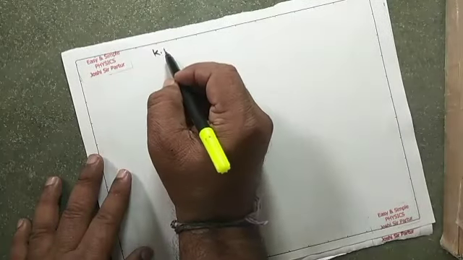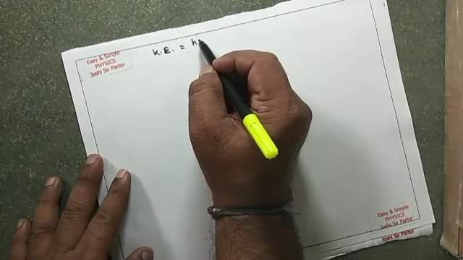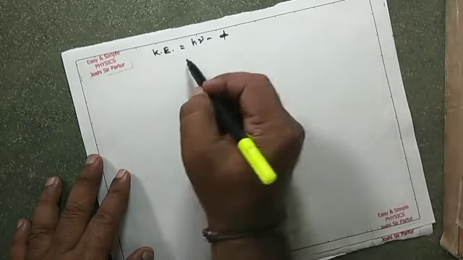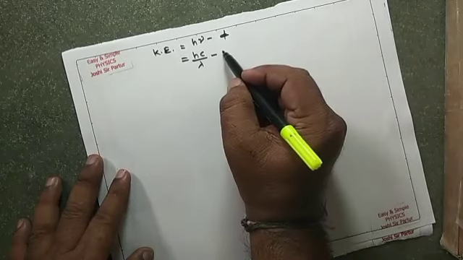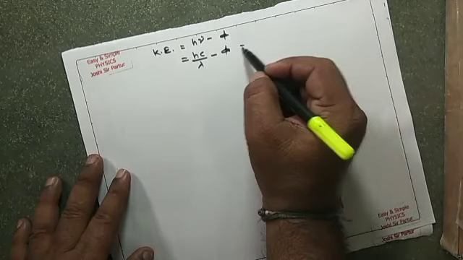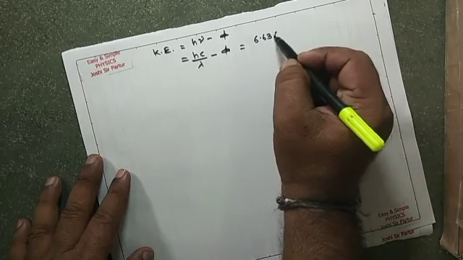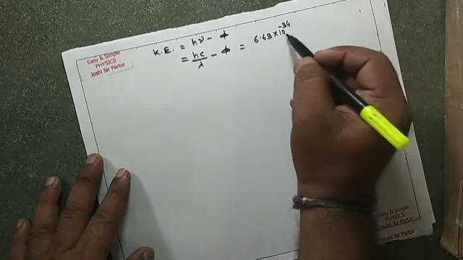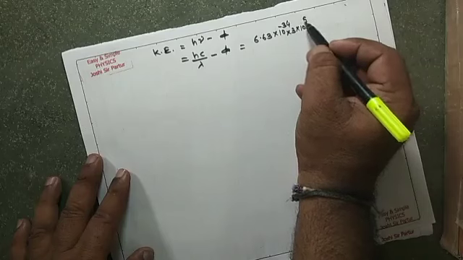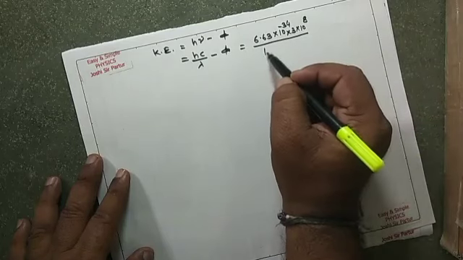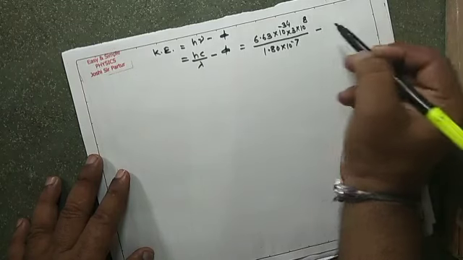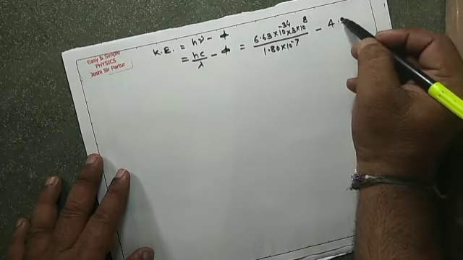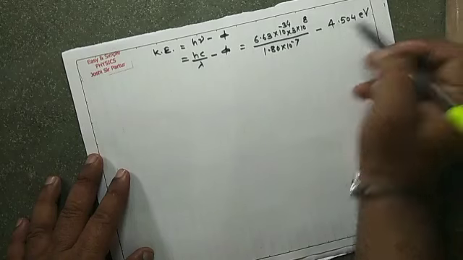So first of all, we want to find the kinetic energy for the first case. Kinetic energy is equal to h nu minus phi, so it will be hc upon lambda minus phi. The value of h is 6.63 into 10 to the power minus 34, into 3 into 10 to the power 8, divided by the wavelength given, that is 1.80 into 10 raised to minus 7, minus 4.504 electron volt.